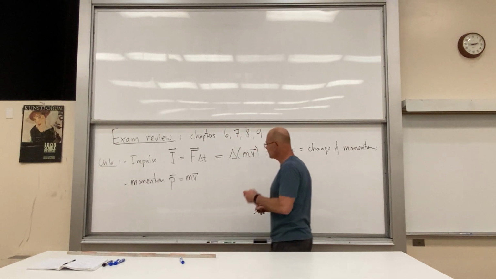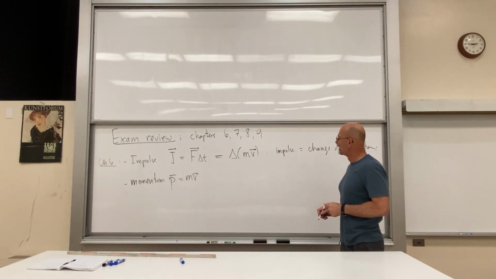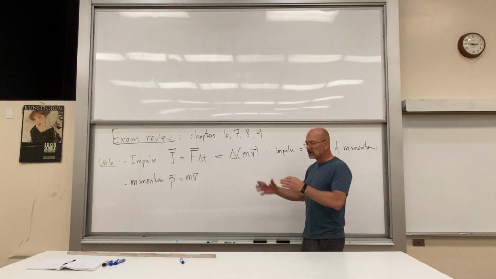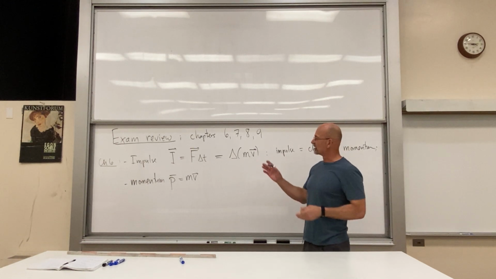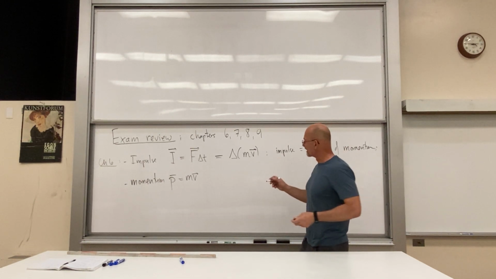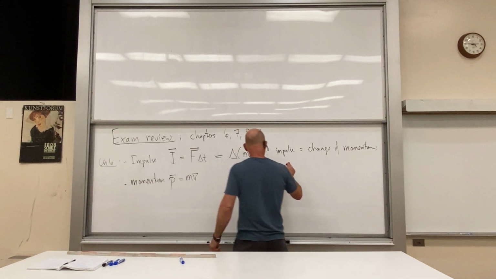So the interesting example with the impulse, the very basic one, we did a collision of a ball against the wall at a certain angle. I'll do the collision without the angle.